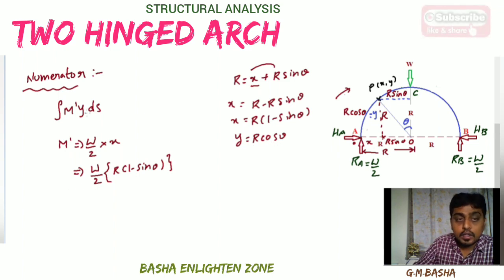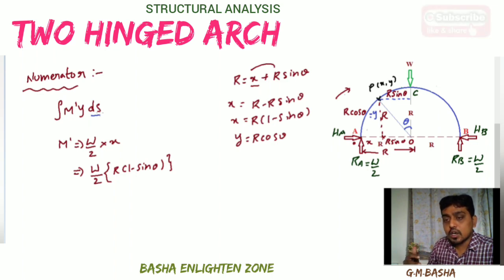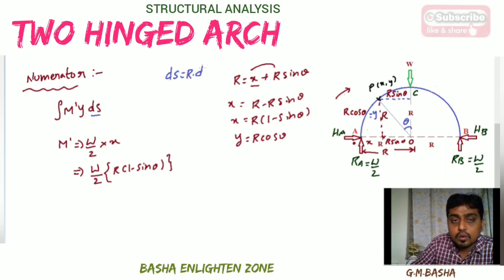Here there is one more part remaining in the question, that is ds. While solving the analysis of the arch, you will get normal thrust, radial shear. I already explained that one in the three hinged arches, what normal shear and radial shear are. The formulas that are there in the three hinged arch, you will get the same formulas here also, but please remember this note point: ds will be equal to r into d theta.